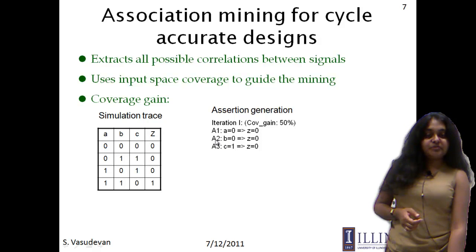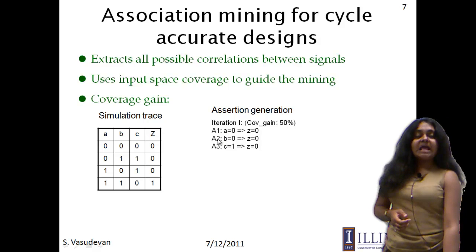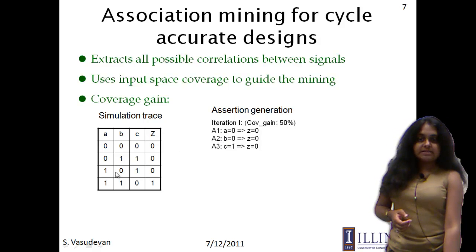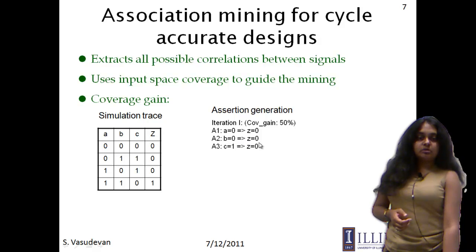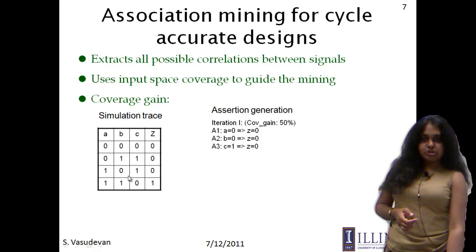So, now if the association miner tries to pick the next assertion, which is, let us say, the fact that when B is equal to 0, Z is equal to 0 in the simulation trace, that corresponds to these two entries. So, this antecedent here corresponds to entries in row 1 and row 3 of the simulation trace.